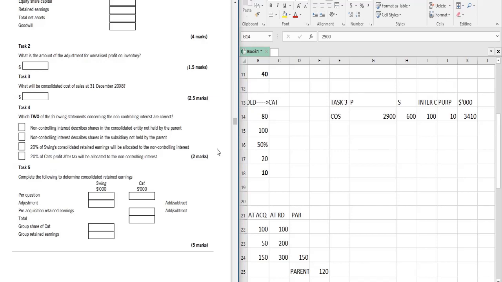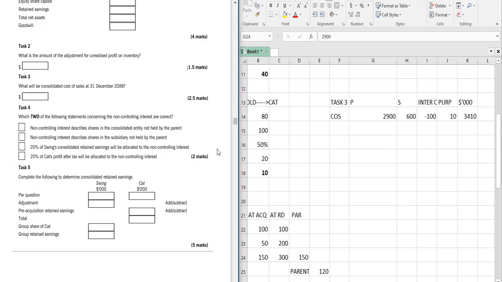Non-controlling interest describes shares in the consolidated entity not held by the parent. Obviously, in the case where the parent has not acquired 100% of the shares of the subsidiary, say the parent acquired 80% of the shares of the subsidiary, then 20% is not acquired by the parent. It is acquired by another party or company, which we call the non-controlling interest.